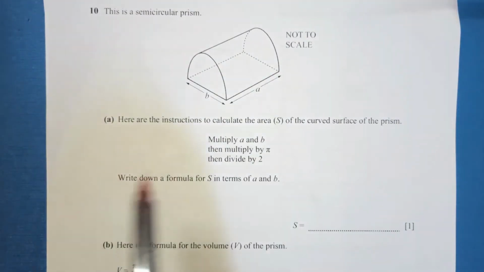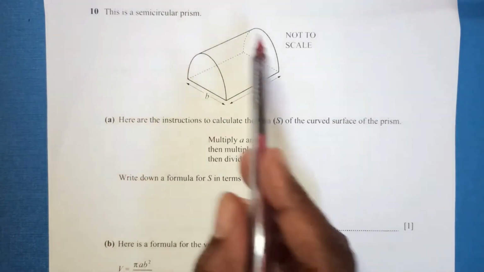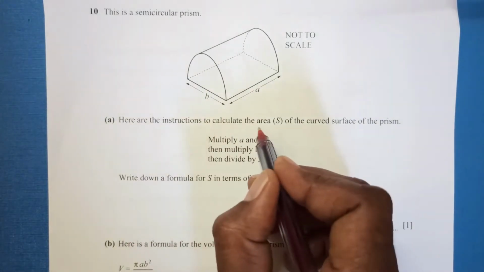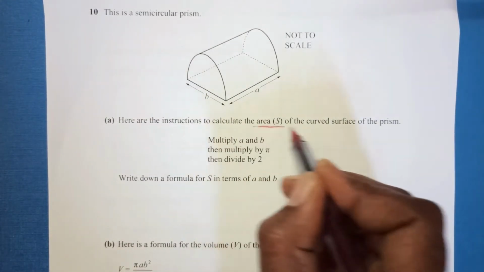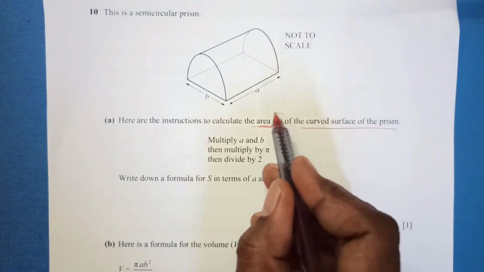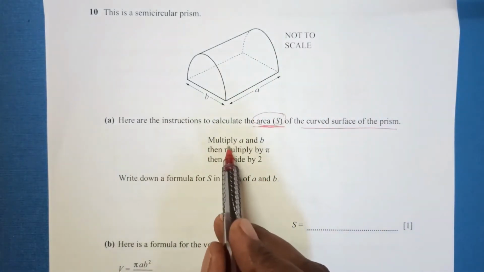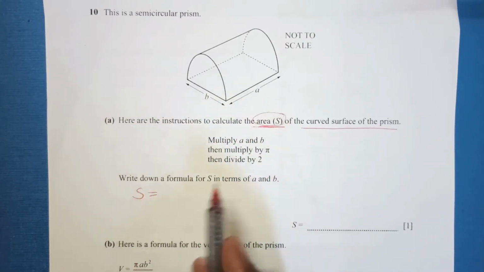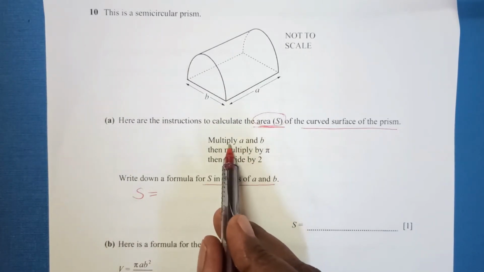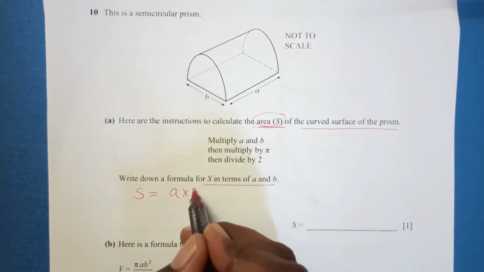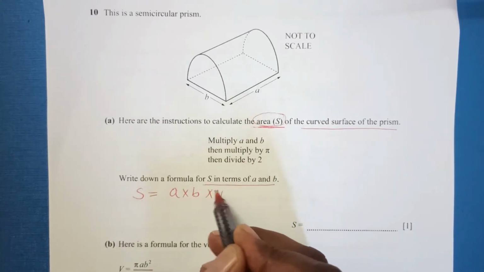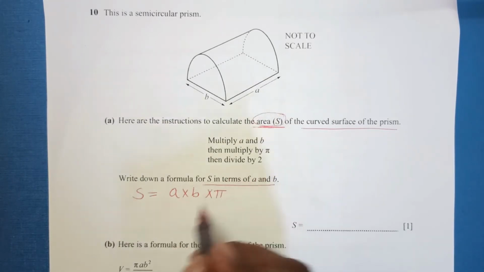Question 10. This is a semicircular prism. Here are the instructions to calculate the area S of the curved surface of the prism. Write down the formula for S in terms of A and B. So multiply A and B, then multiply by pi, then divide by 2.